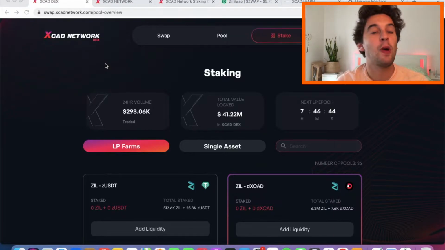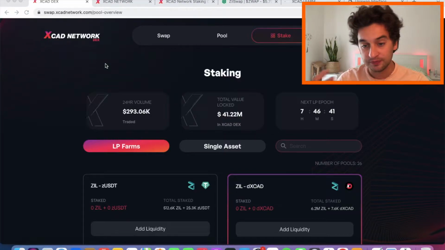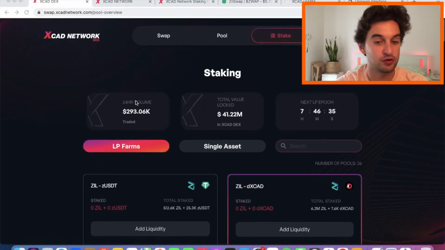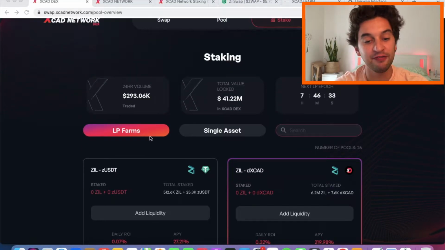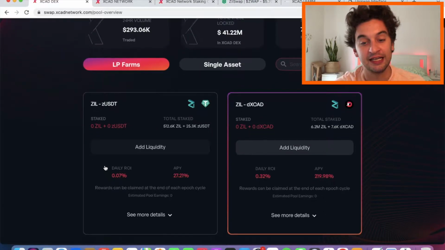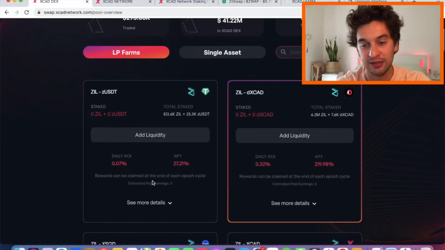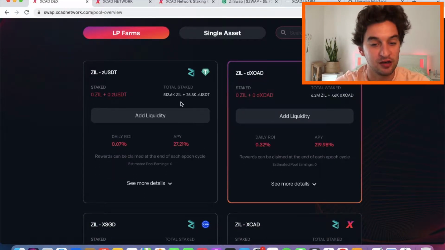This is the website of the XCAD network, and you're able to go directly on their website here. They have the DEX, the decentralized exchange. They have LP farms with different types of staking that also include Zilliqa, as it is on the Zilliqa ecosystem as a coin. Then we have Zilliqa with ZUSDT, so one-to-one with the dollar and Zilliqa.